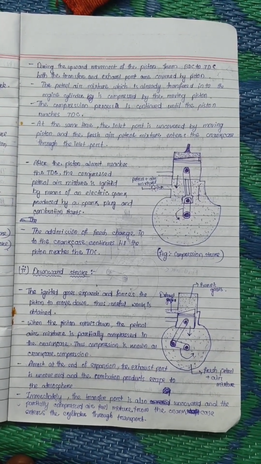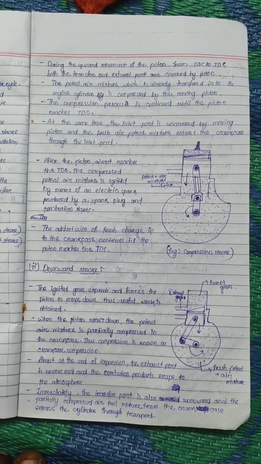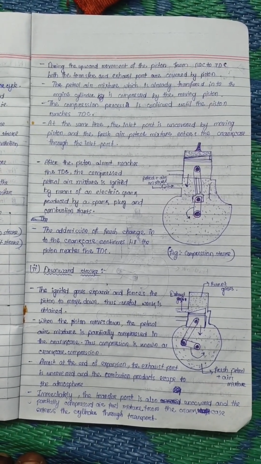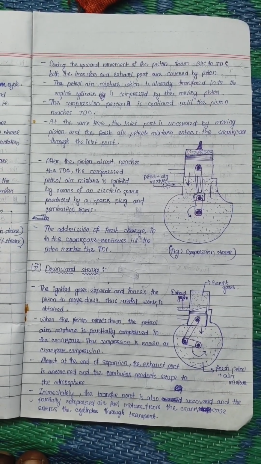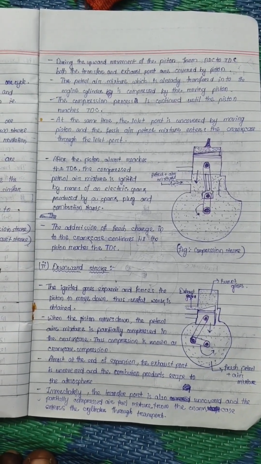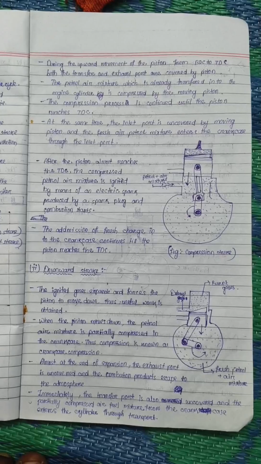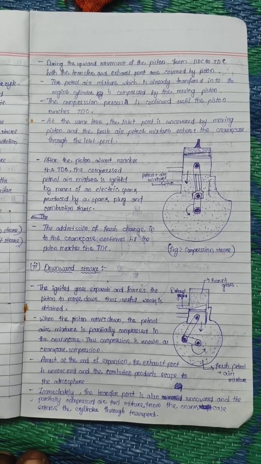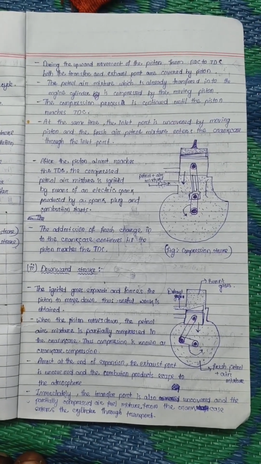After the piston almost reaches the TDC, the compressed petrol air mixture is ignited by means of an electric spark produced by a spark plug and combustion starts.